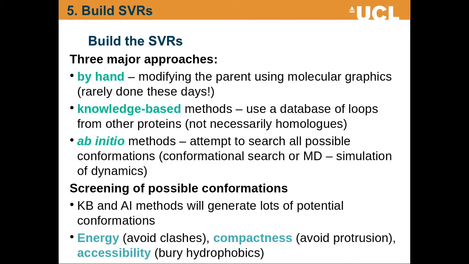Now, I've already mentioned energy as one of the things you might do in order to screen your loops, but in addition, you might then want to rank them based on the lower energies that you have accepted in that first screening step. You might want to look at compactness of the loop, in other words, avoiding it sticking out into the solution.